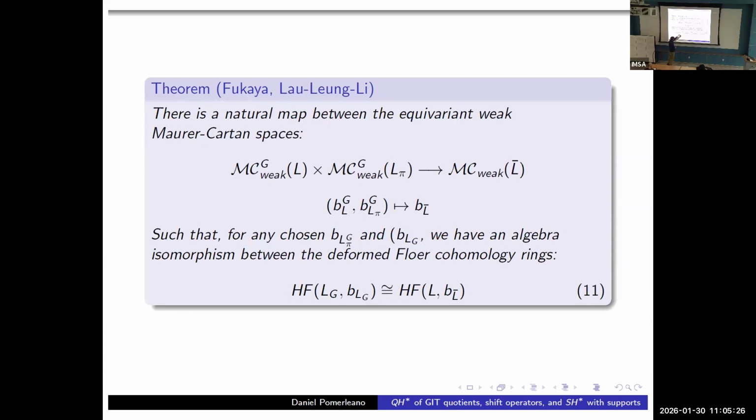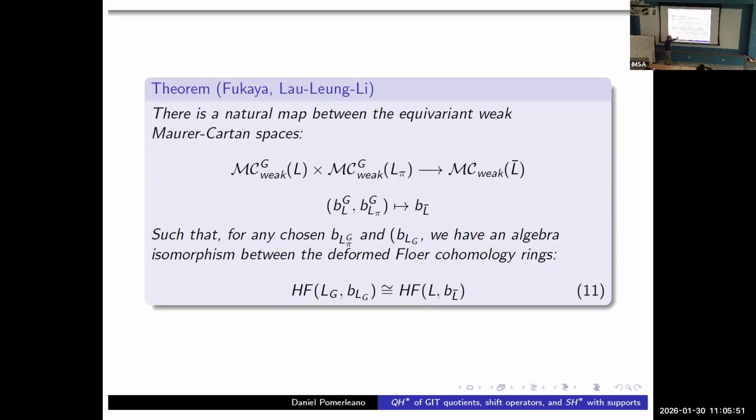some people worked on it. What they prove is that you can find a bulk deformation that, when you bulk deform, you can kill this obstruction. So you can make the Floer algebra exist after bulk deformation.